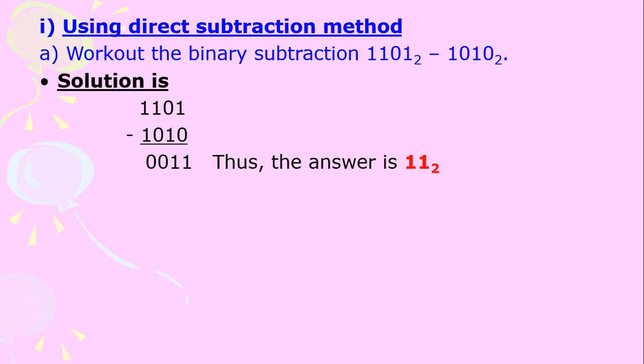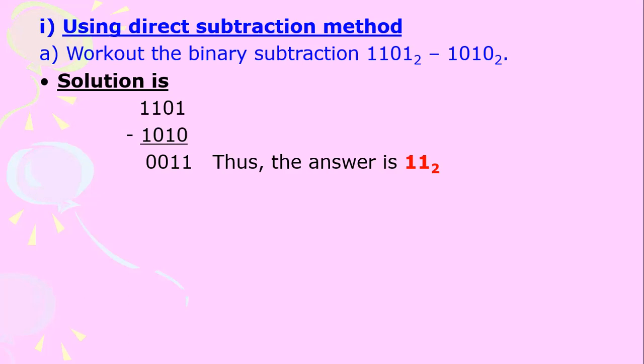So we get 0 carry 1. So 0 carry 1 minus 1 gives us 1. So we write 1. Then we move on to the next column.